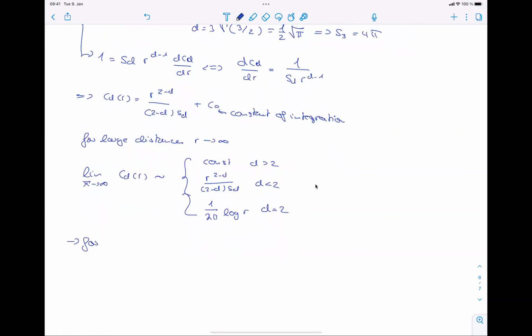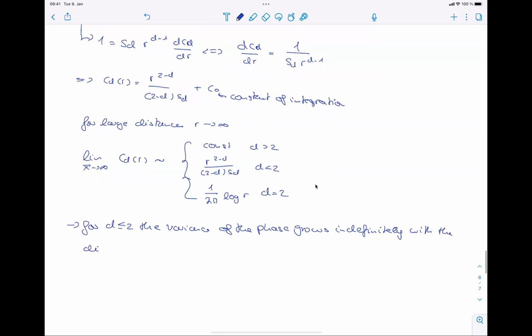Okay, but what we see for d equal 2 is, so the variance of the phase, well, it's not defined, but the distance, that's finite for d larger than 2.